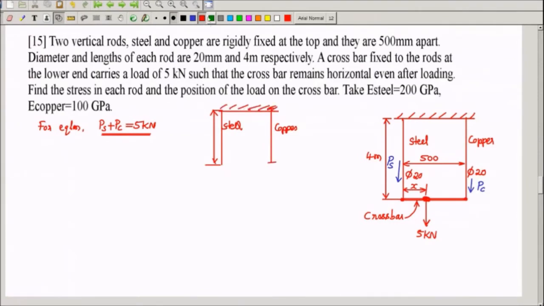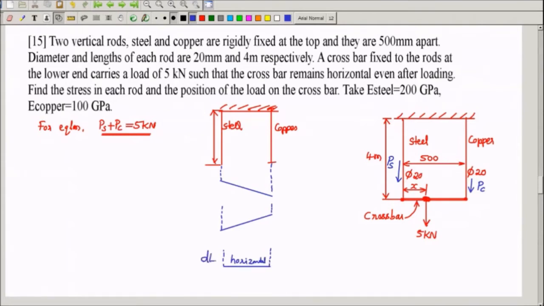So if steel member deforms to extent like this, if copper member deforms more, then what happens to crossbar? Crossbar will be inclined like this. Or if steel member deforms more than the copper member, then crossbar will not remain horizontal, it will be like this. But he says crossbar remains horizontal, means that is possible only when the deformations are equal.